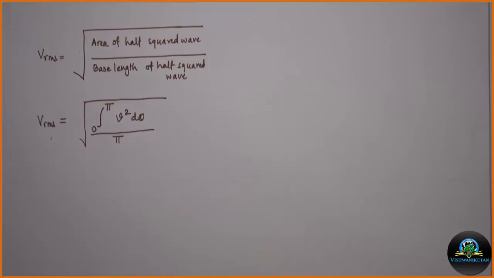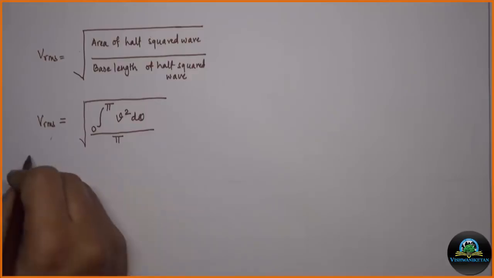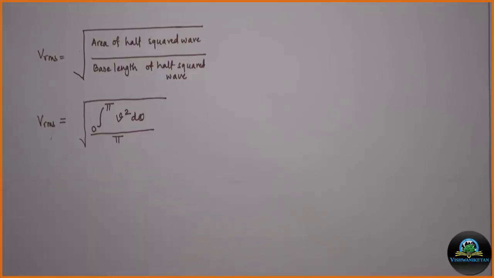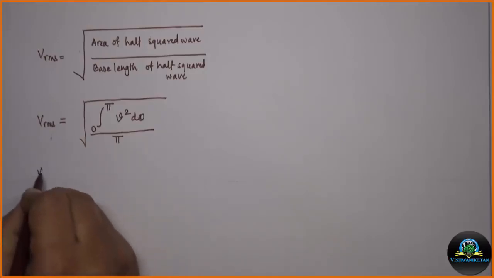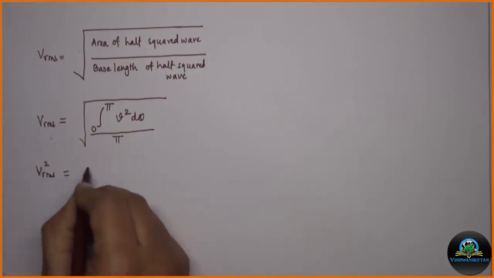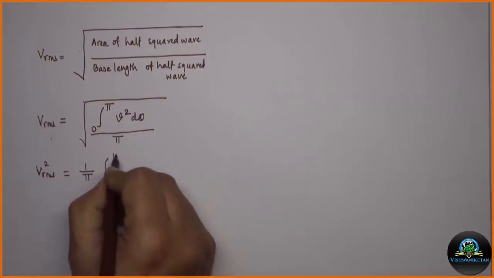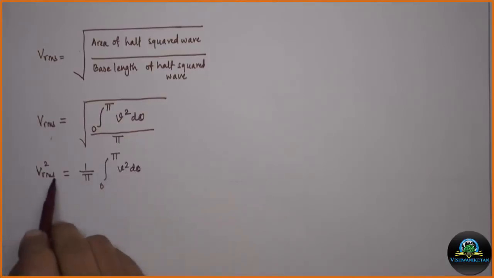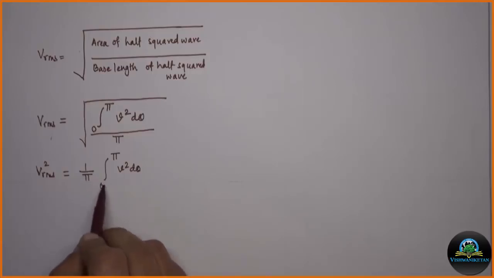We have divided the half squared wave into two intervals. Let us put those intervals. Let us simplify the equation by squaring both sides. So we will get Vrms square is equal to 1 by pi integration 0 to pi V square d theta. We have split the given waveform of half cycle into two intervals.